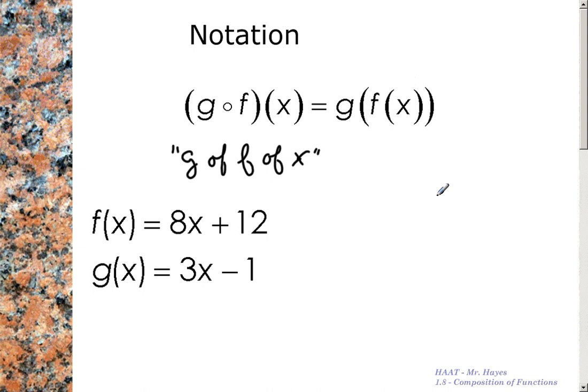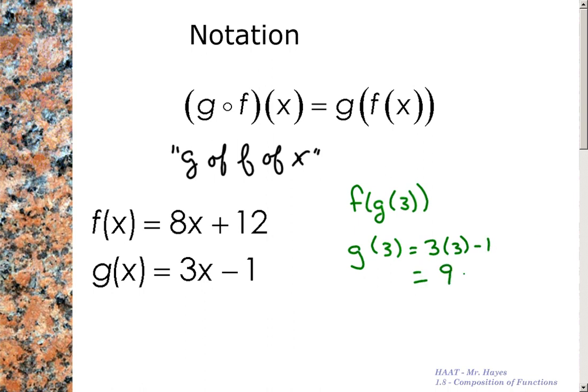So before we get too far along, as an example, let's say I asked you for f of g of 3. What is the value of g of 3? That is equal to 3 times 3 minus 1, so that would equal 9 minus 1.